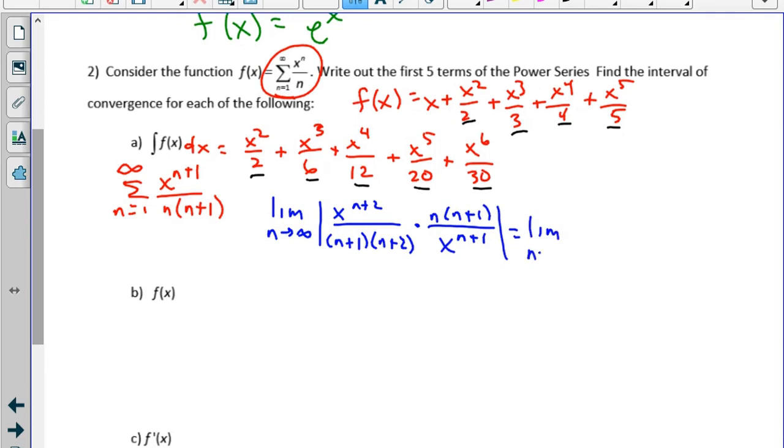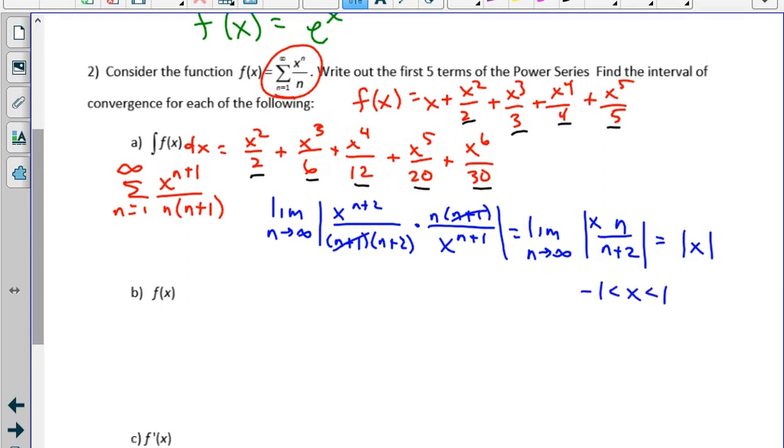So I get the limit as n approaches infinity of x. And then the n plus 1's cancel, and I have n over n plus 2. And I know that as n goes to infinity, this just ends up being the absolute value of x. So my interval of convergence is -1 less than x less than 1.